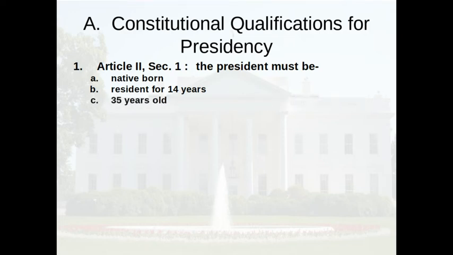And they must be 35 years of age. Of course, our current president and the last president cleared that 35 years twice, since they were both over 70.